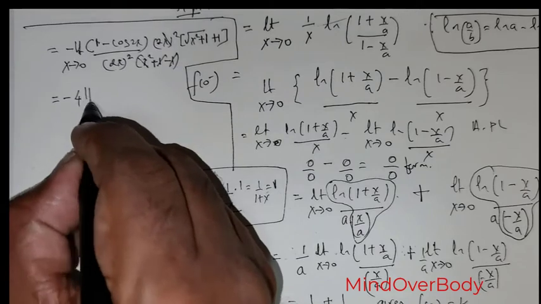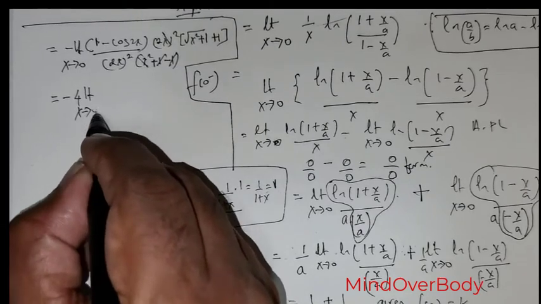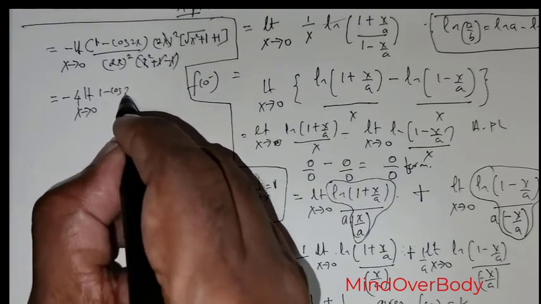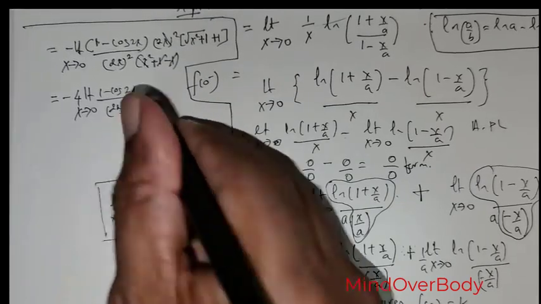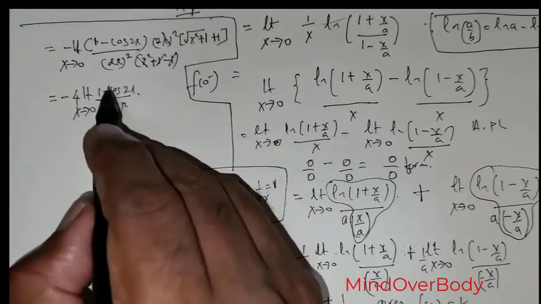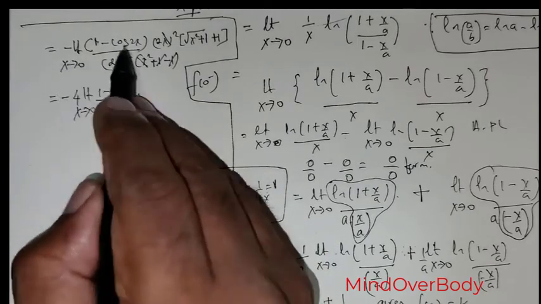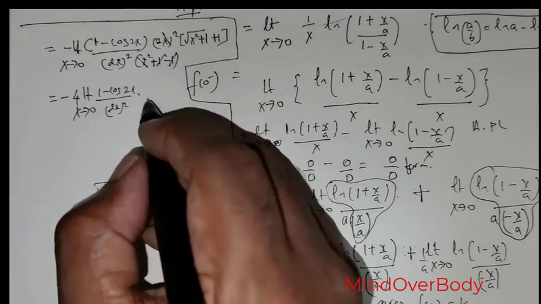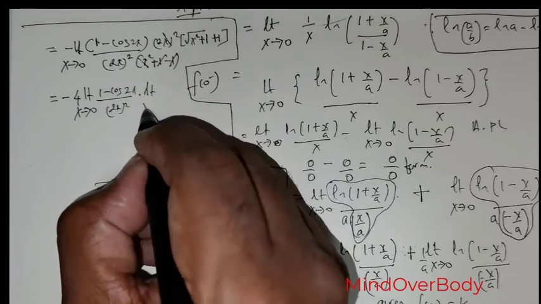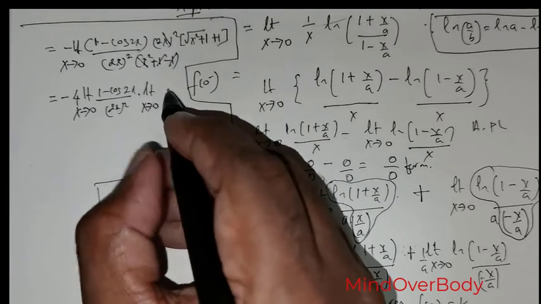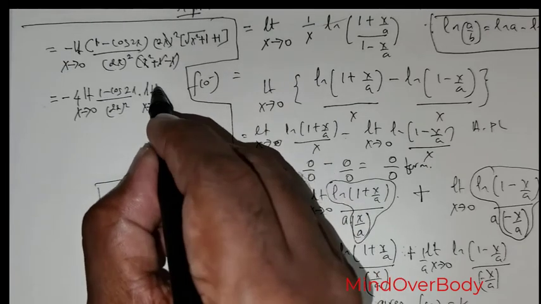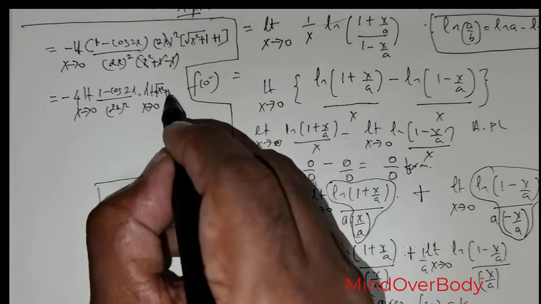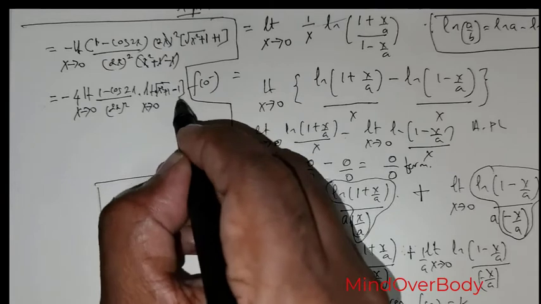Negative 4 times the limit x tending to 0 of 1 minus cos 2x divided by 2x raised to the power of 2, times, using the fact that the limit of the product is equal to the product of the limits, so I can very well write it like this, the limit x tending to 0 of root of x squared plus 1 plus 1.